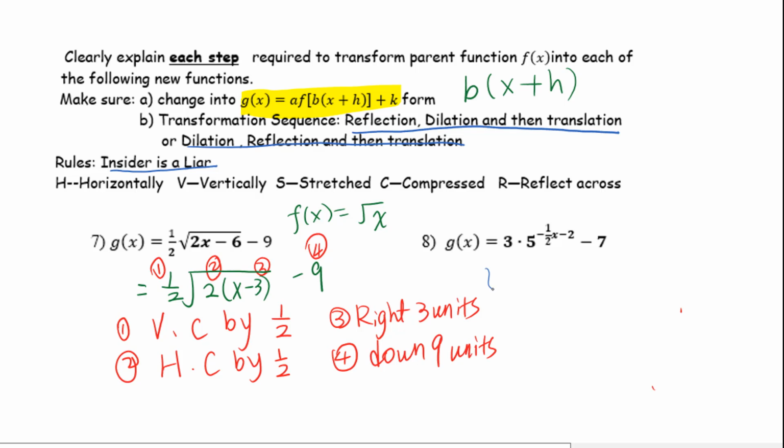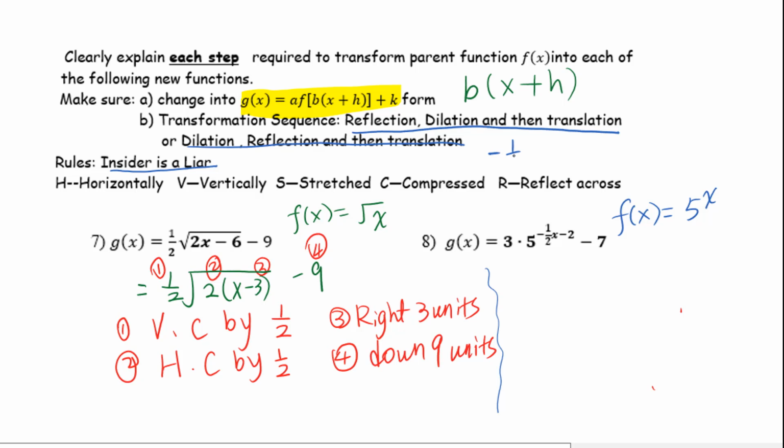Let's go to number 8. We know the parent function is f of x equals 5 to the x power. This is an exponential function. Still, you need to change into transformed form.